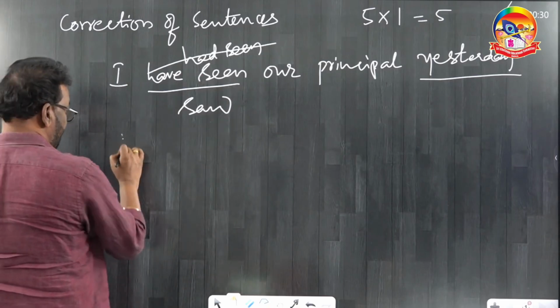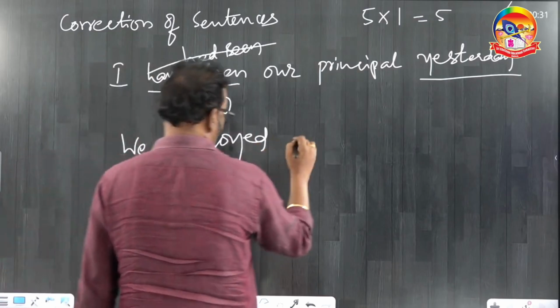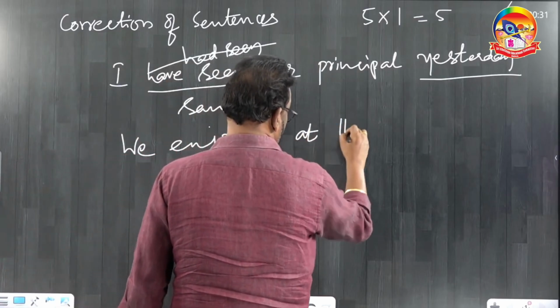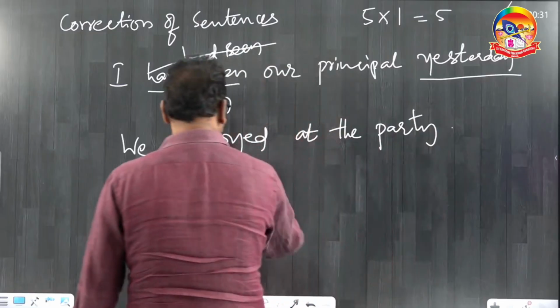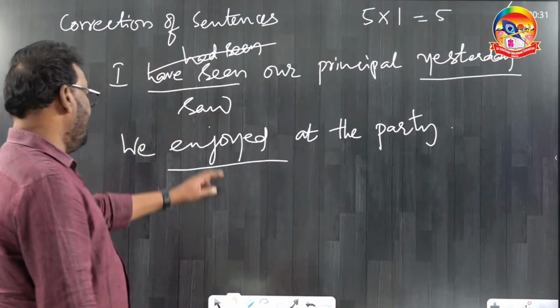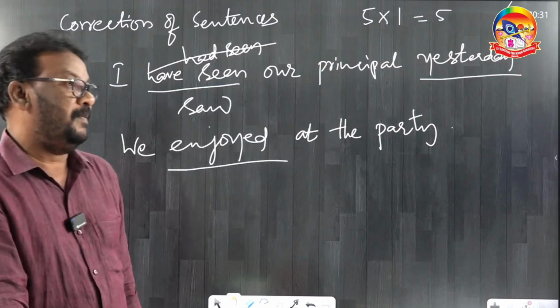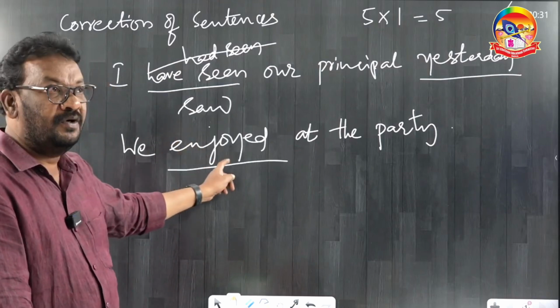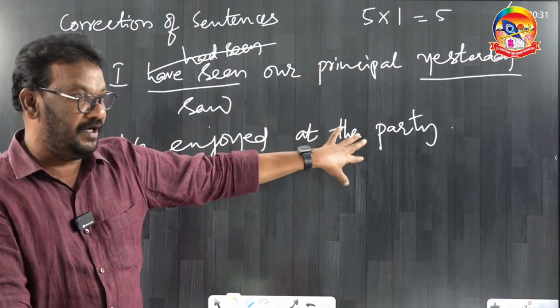And another example, we enjoyed at the party. Enjoyed is given there. And of course, enjoy is a transitive verb. Since it is a transitive verb, it always takes a reflexive pronoun immediately after it.